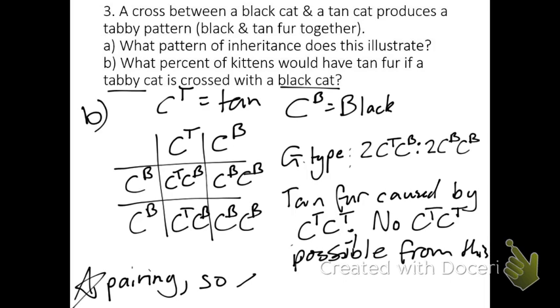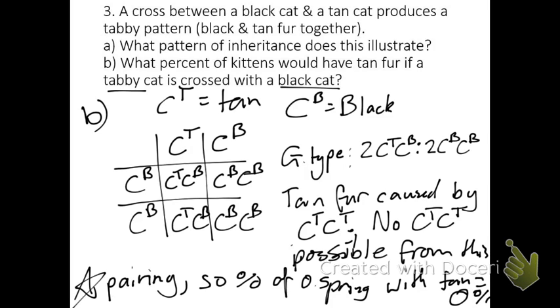So percentage of offspring with tan fur, with tan, equals 0%. And that's my long-winded way of answering this question. Like I said, depending on how many points this question is worth, you will adjust the length of your answer. If it's just a 1-point question, you can just write 0%.